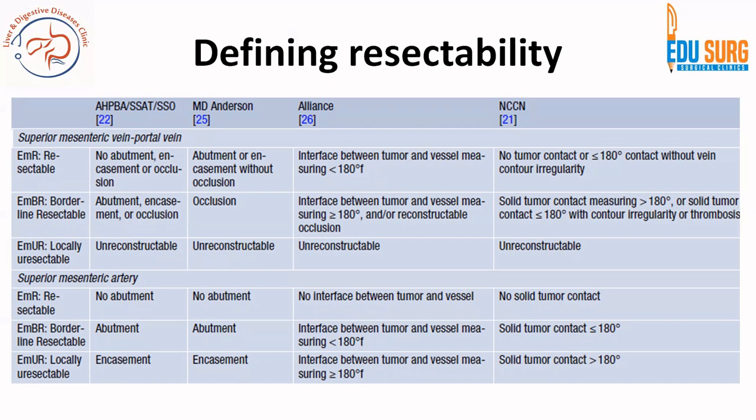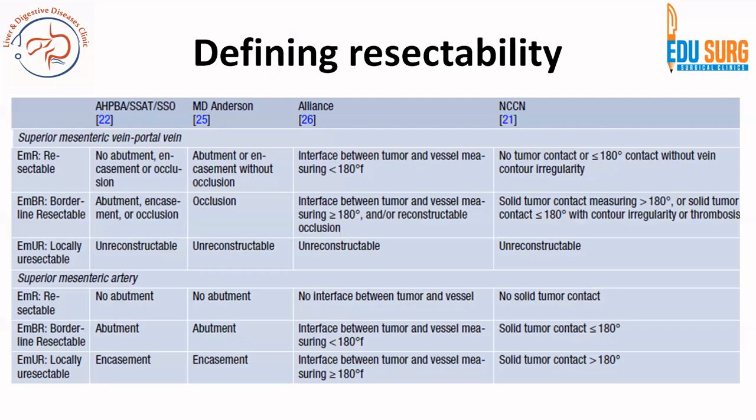We know that the superior mesenteric vein and superior mesenteric artery are in very close relation with the pancreatic head, neck, and the uncinate process. Celiac axis, common hepatic artery, is in very close contact with the pancreatic neck as well as pancreatic head and some part of the pancreatic body. Inferior vena cava is posterior to the uncinate process, right?